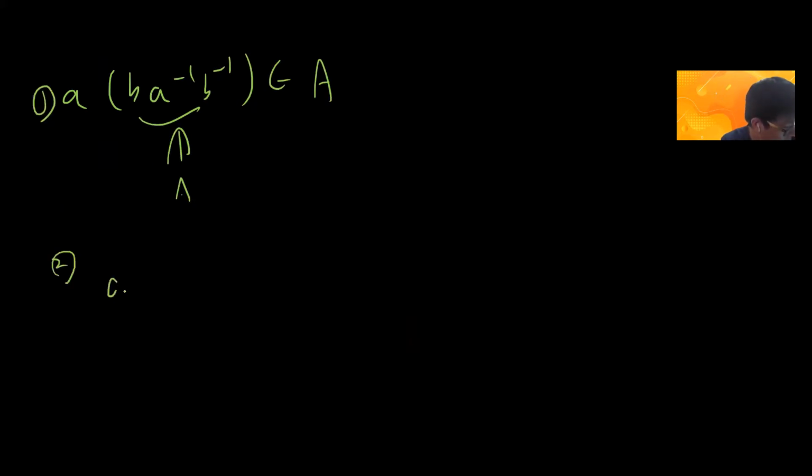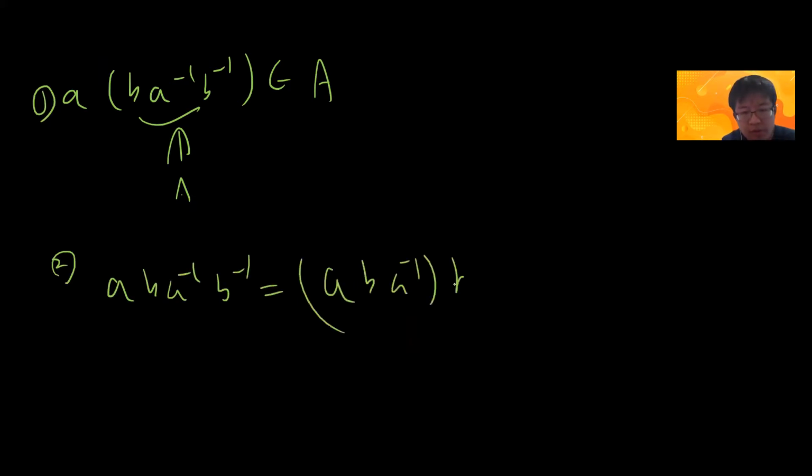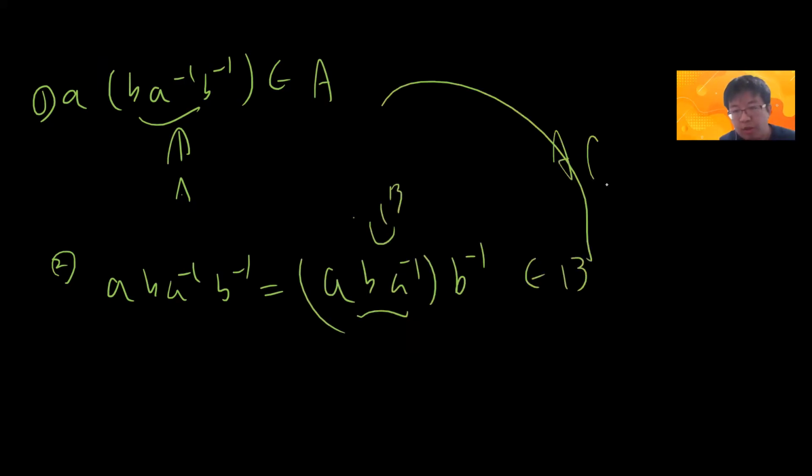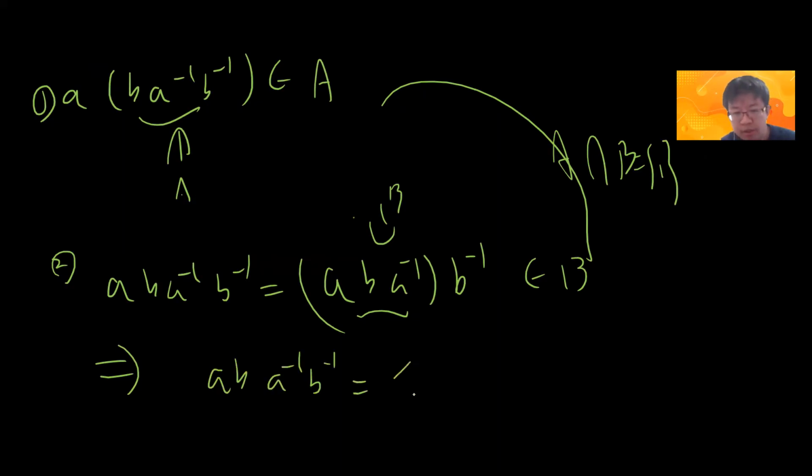The second result is that the same element can also be written as a inverse b a b inverse, and since B is normal, this guy belongs to B. But the only element in the intersection of A and B is the identity. So I get that it can only be the identity. So ab equals ba.